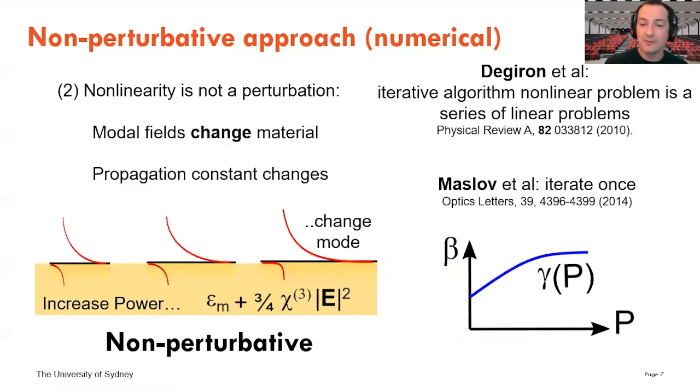But all of this assumes, of course, that the procedure converges to the nonlinear mode, which in the cases considered in this talk, it does. Note that in order to compare with the perturbative approach, the non-perturbative approach requires considering the slope of gamma as a function of P for P tends to 0. So armed with these tools, we have a numerical approach that allows us to compare with the analytical solutions for the nonlinear coefficient.